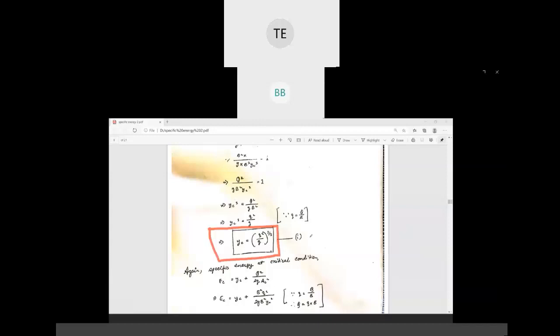Consider this as equation number 1. So for the computation of critical depth for a rectangular channel, if anyone asks you to find it, you are going to use this expression, q square divided by G to the power 1 by 3, where small q is nothing but the discharge divided by the width of the channel.